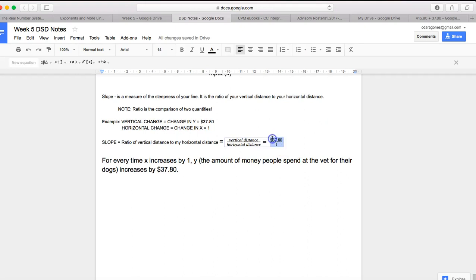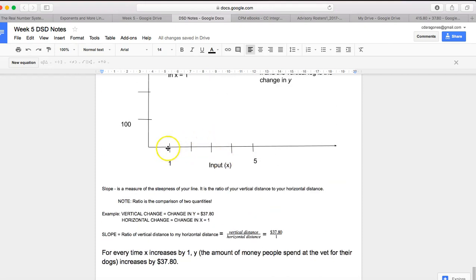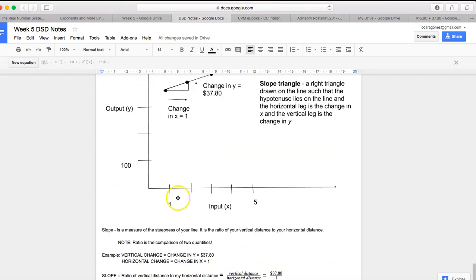This ratio represents something. It's not just random numbers. Qualitatively, it means that for every increase of my what, it could be time, it could be for every dog you own, we haven't determined that yet, but every time the input increases by 1, my cost at the vet increases by $37.80.